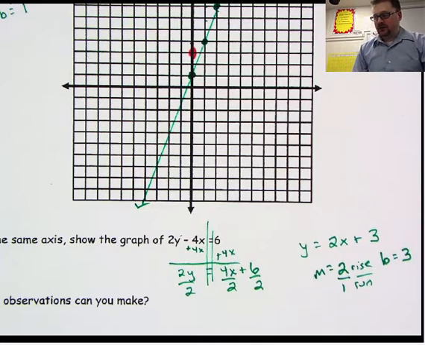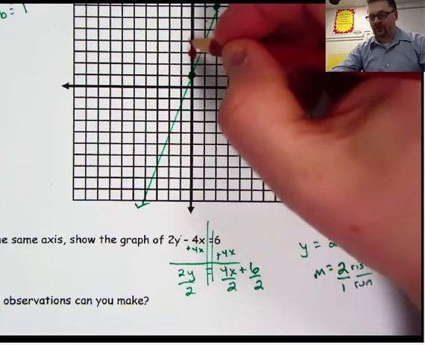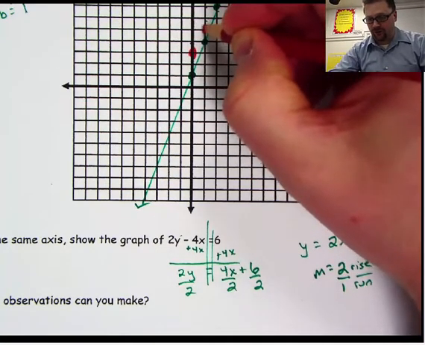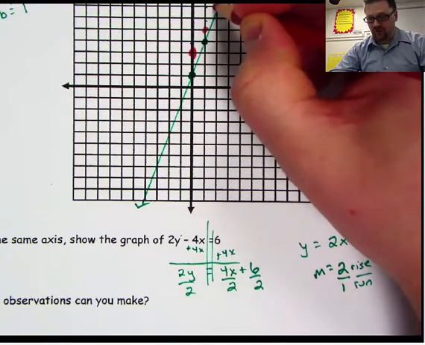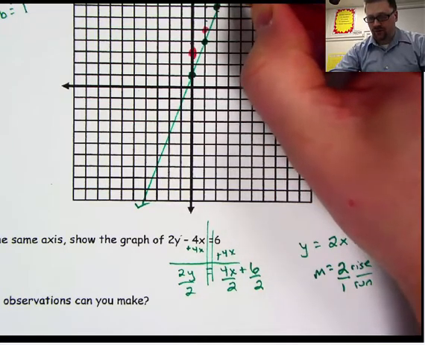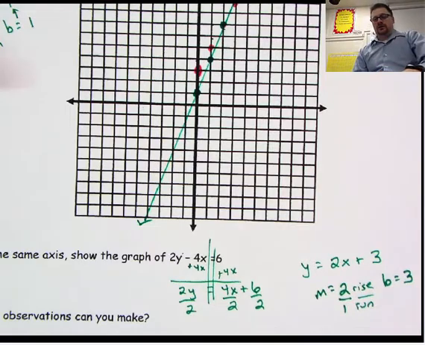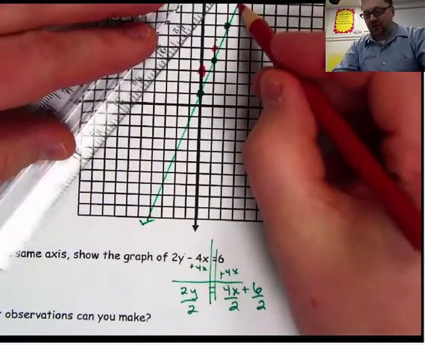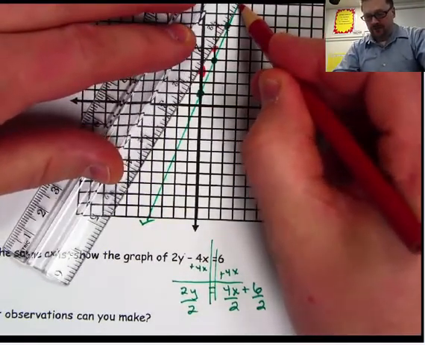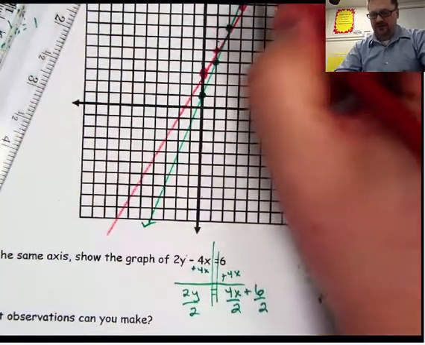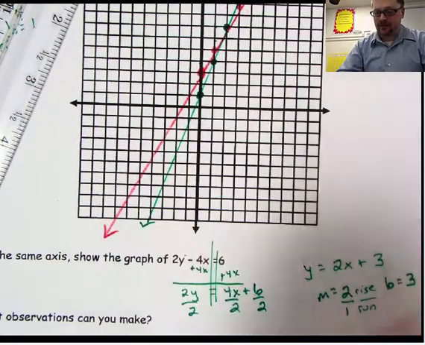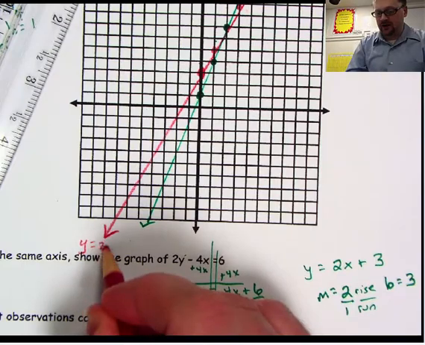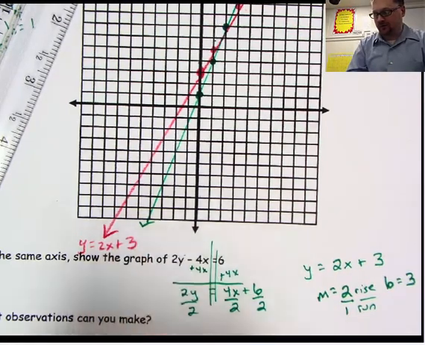And my slope is 2, so I'm going to rise 1, 2, and run 1. Rise 1, 2, and run 1. So I get a line that looks like that. And that is y equals 2x plus 3.